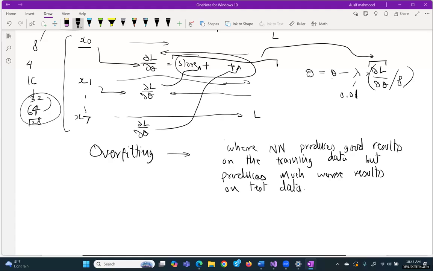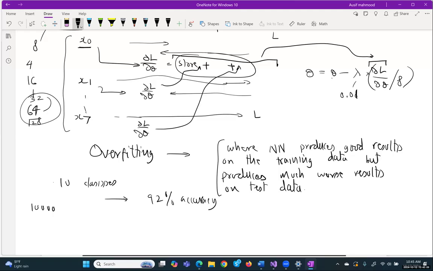So anytime you see this, for example, let's say you are doing a classification problem. You are trying to have your network recognize 10 different types of images, like cats, dogs, cars, planes, ships, whatever. Suppose your training data is 10,000 images, 1,000 images belonging to each class, and during training it keeps getting better and better, and it gives you 92% accuracy.